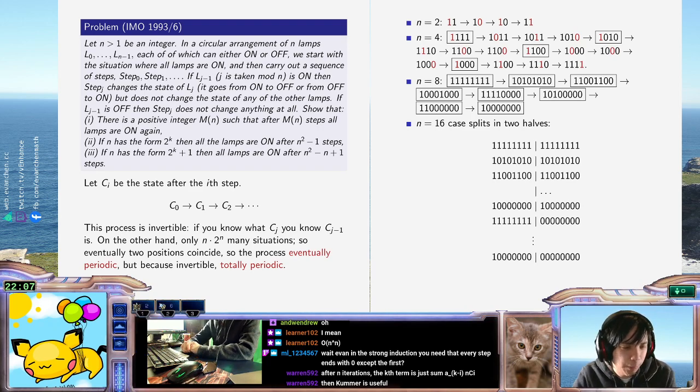I'm so confused about these binomial coefficients. The problem is that your first coordinate is messed up, right?